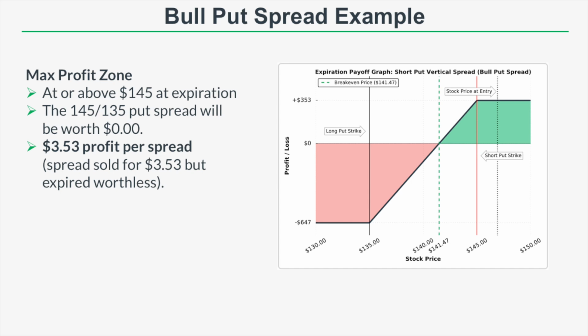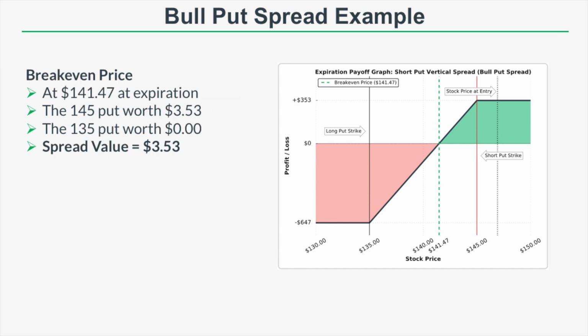Since the spread was initially sold for $3.53, and it expired worthless, the profit per spread is $3.53. In terms of actual profits, that would be $353 per short put spread.